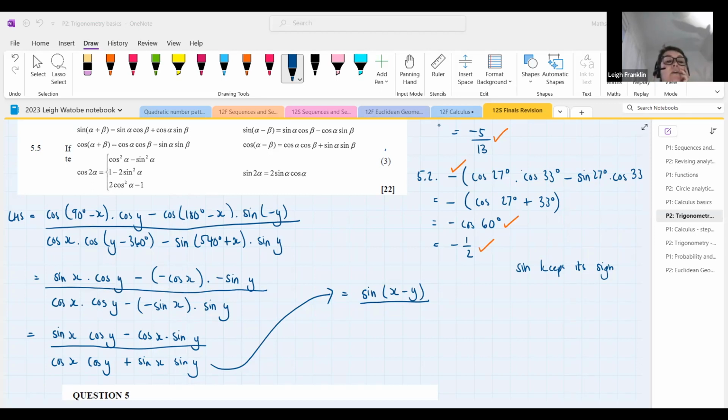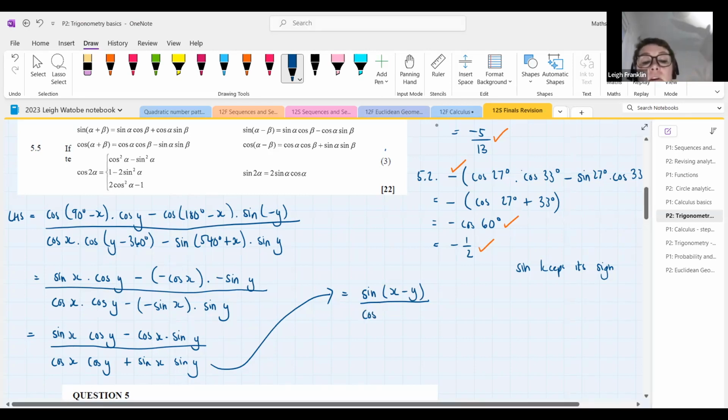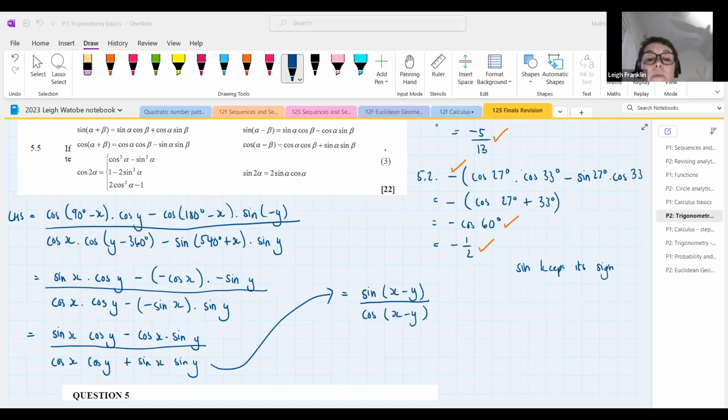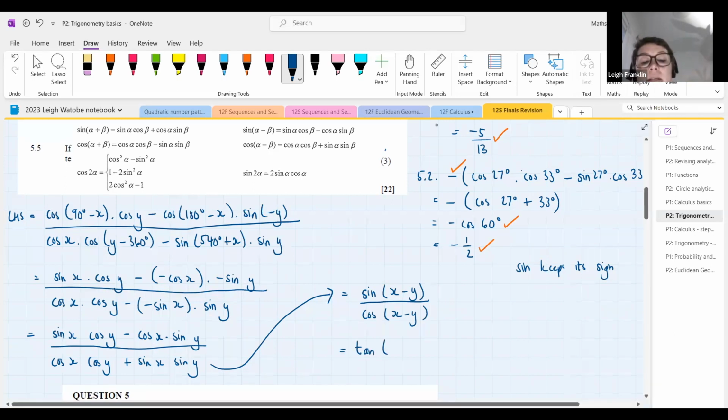So that is a cos compound angle. Remember, cos doesn't keep its sign. Good, Avio. Good, Offense. Lovely. That gives us the cos of x minus y. Okay, and that would be the second to last step, because now using our tan identity, we could write that as the tan of x minus y.